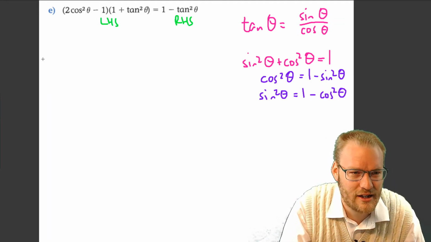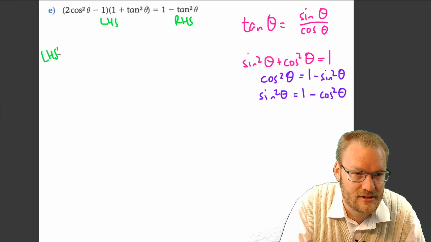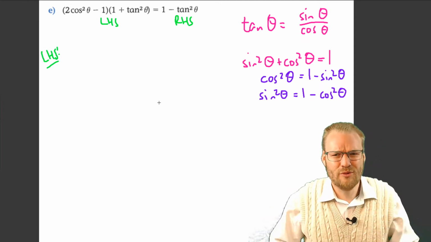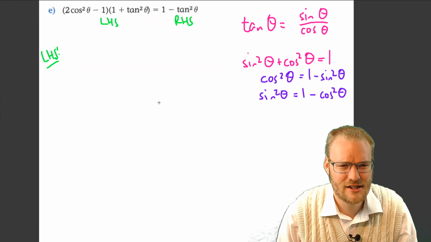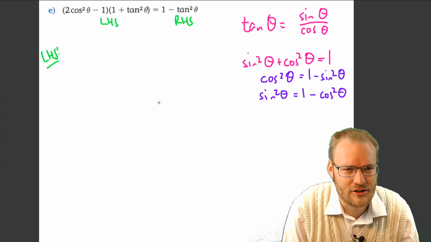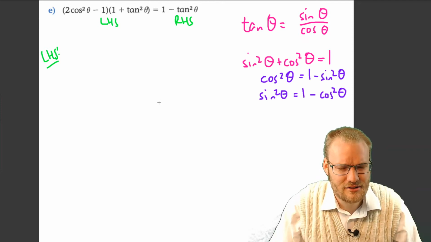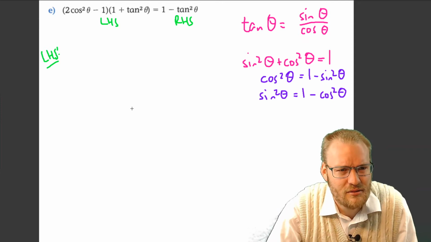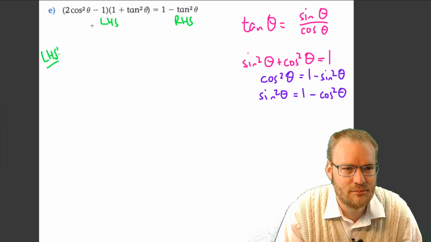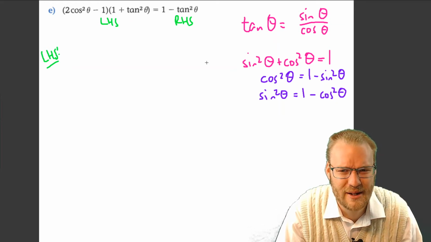Okay, so let's look at our left-hand side. Now we sit going, what do we do? It's easy when somebody shows you, oh, do that, and then you go down that road. If in doubt, why don't we just multiply these two brackets? There's nothing that jumps out to simplify. Cos squared, 2 cos squared theta minus 1.